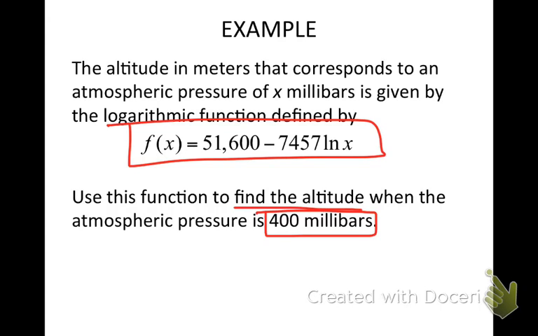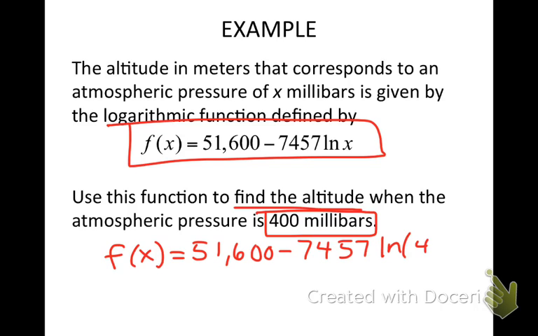So where's that going to go, in place of x or for f of x? It's going to go in place of x, because x represents x millibars. So all we're going to do is some fancy button pushing. 51,600 minus 7,457 times the natural log of 400. See what that gets us.